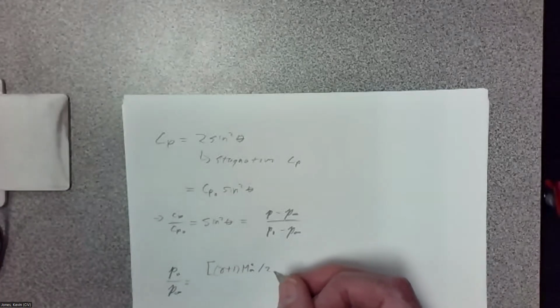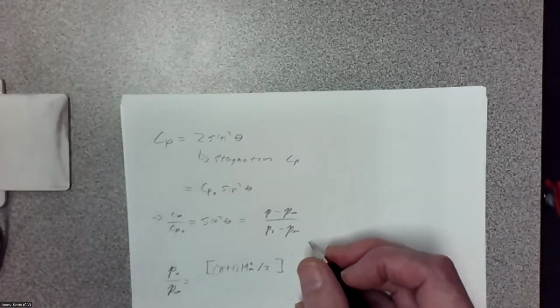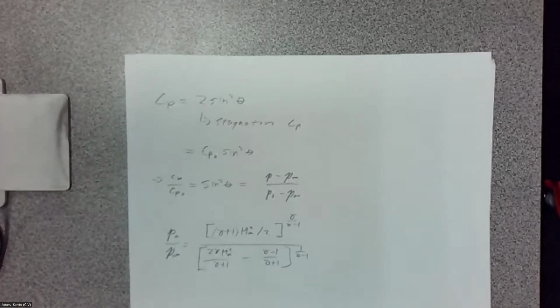It's an ugly equation: gamma plus 1 times M infinity squared over 2, raised to the gamma over gamma minus 1, over 2 gamma M infinity squared over gamma plus 1 minus gamma minus 1 over gamma plus 1, raised to the 1 over gamma minus 1. You can find it, and that's what's built into the Virginia Tech compressible calculator.